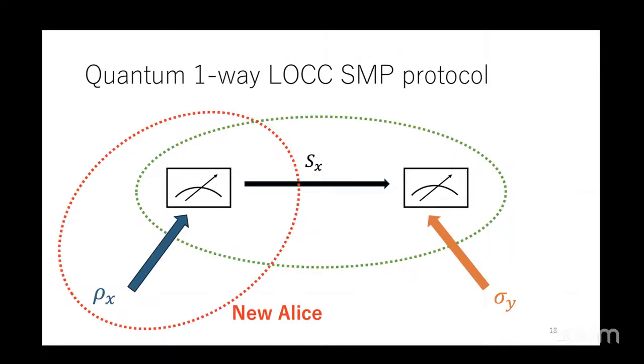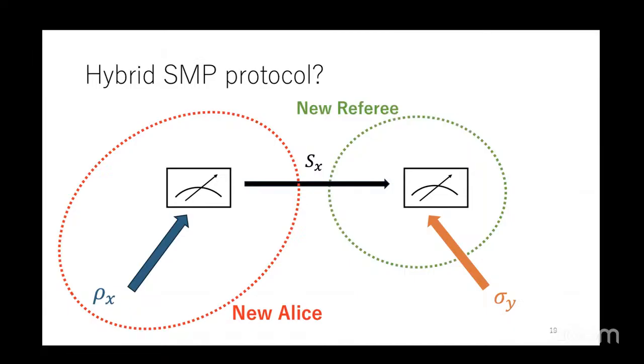So our idea is to consider a reduction to the hybrid model, by making Alice perform the first measurement, and letting Alice send the first measurement result to the referee.